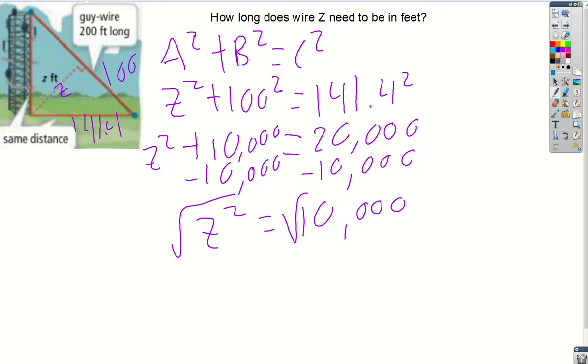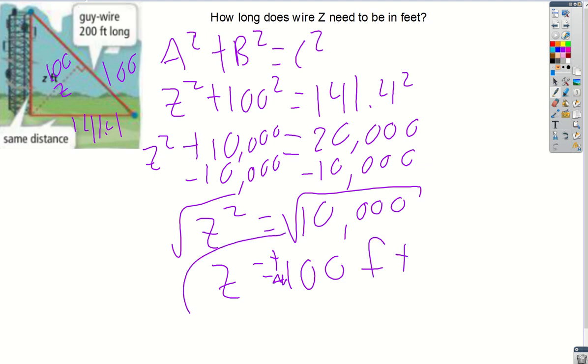Square root both sides, and then z is equal to 100. We're going to say plus or minus 100 because it left the square root, but because we're talking about feet, we can get rid of the negative. So z is 100 feet.